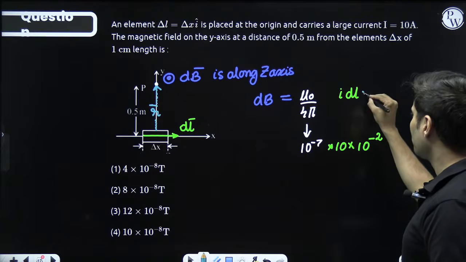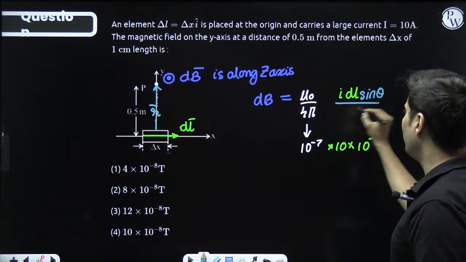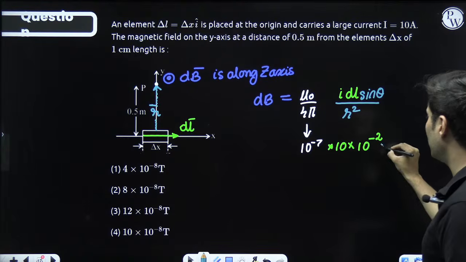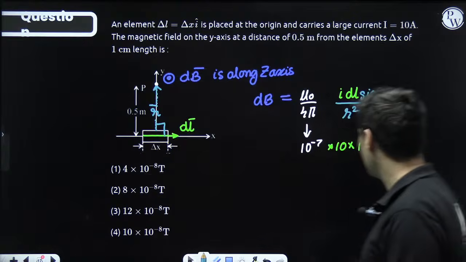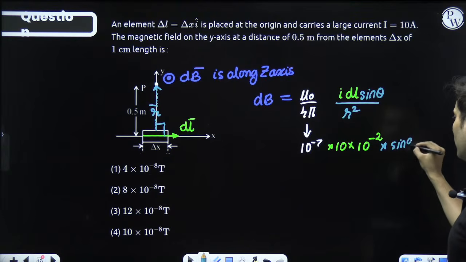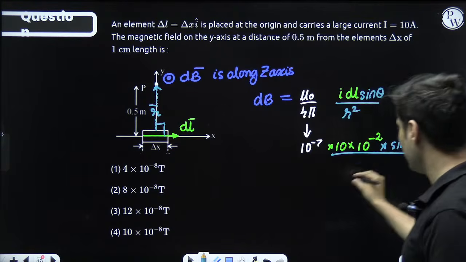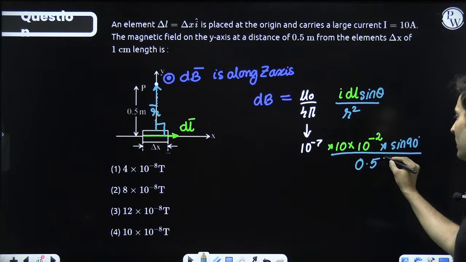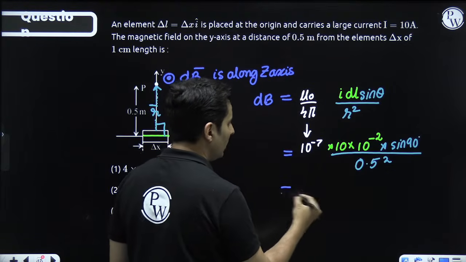Then you should put sine theta divided by r square. I'm only interested in the magnitude. Remember here the angle between r and dl is 90 degrees. So it will just be sine of 90 degrees, whole thing divided by the distance. Distance is nothing but 0.5 and that will be squared. That's all, guys. That's all that is there.